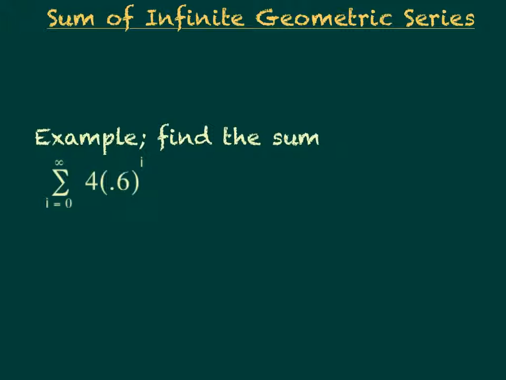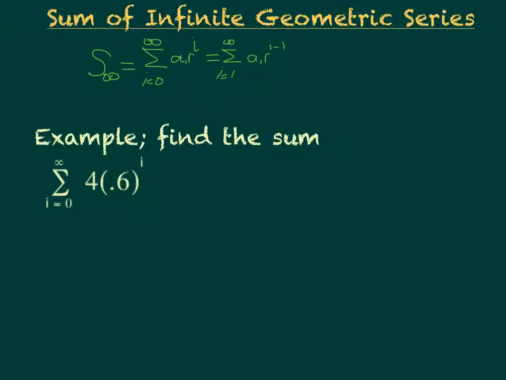And that formula would be S sub infinity is going to equal the summation of I equals 0 to infinity of a sub 1 r to the power of I, or it's also going to be equal to the summation of I equals 1 to infinity of a sub 1 r to the I minus 1.